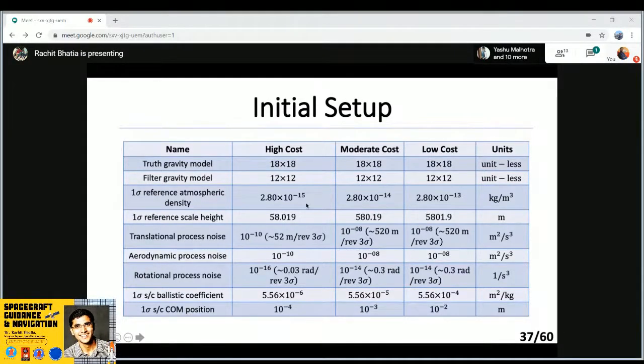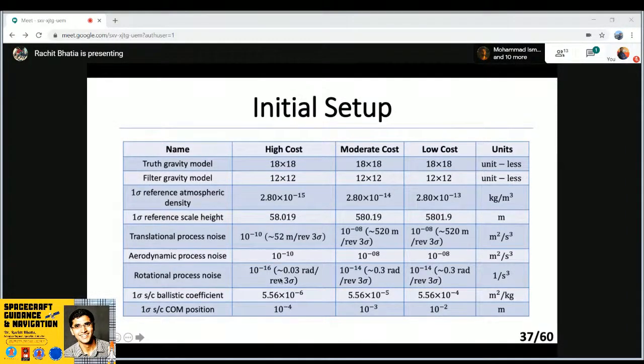We have all the best possible models and equipment to get a very nice initial estimate of these parameters. And hence you will see that translational process noise is lower on this, and aerodynamic process noise and rotational process noise are lower on this.